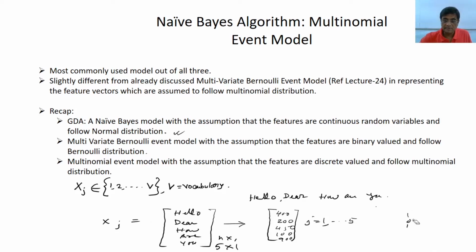That problem is gone in the multinomial event model, because as many times as a particular word appears, for example hello, or dear appearing again, it will be repeated. So the frequency of the word can be captured. This is the basic difference between these two, and we are going to discuss the multinomial event model today.